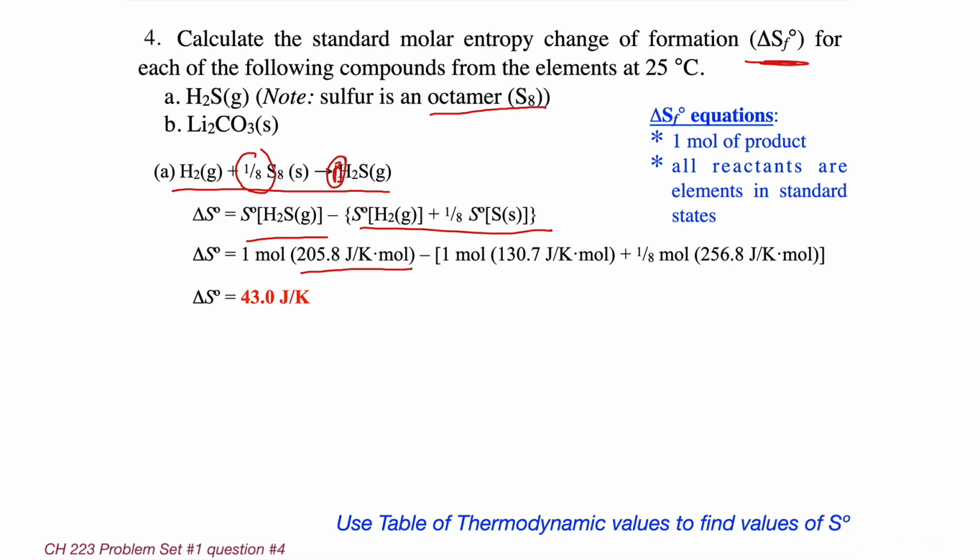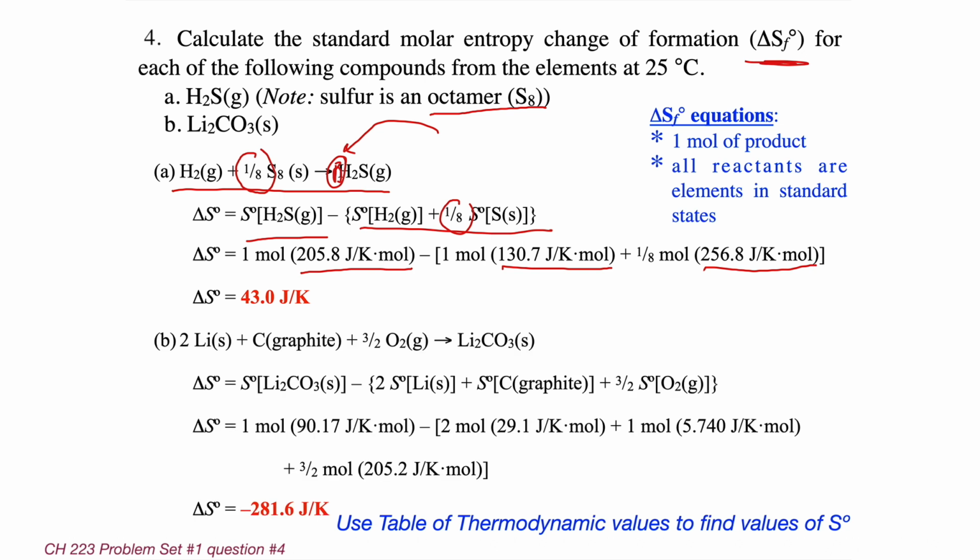H2S has a value apparently of this, and you subtract from it all the reactants. So 130.7, that's the hydrogen. And if you look up the S8, it's this number, but we're going to take 1/8 of it because we must have, again, just 1 mole of H2S present. So delta S for this reaction is positive 43.0 joules per Kelvin.